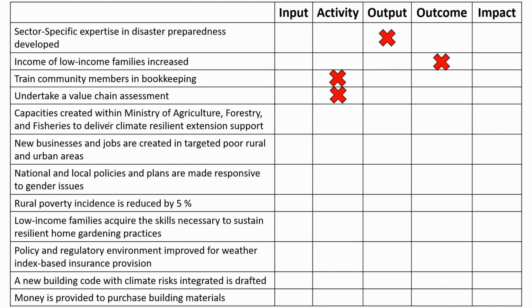Capacities created within Ministry of Agriculture, Forestry, and Fisheries to deliver climate resilient extension support. Now, this clearly is not an input, and it does not start off with an action word. This capacity is created. So this is a result of something. Capacity is created.